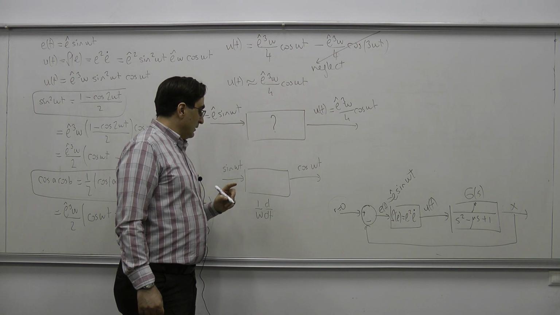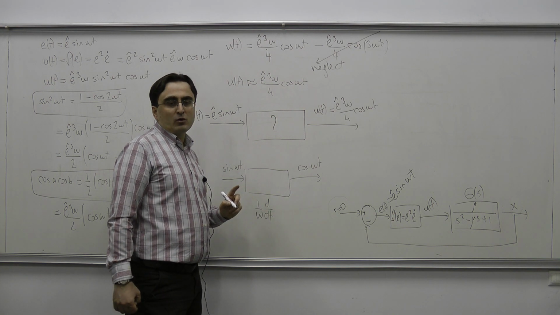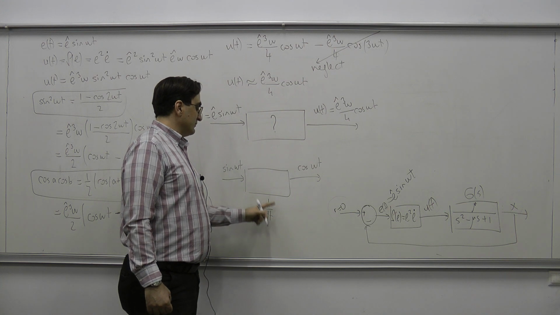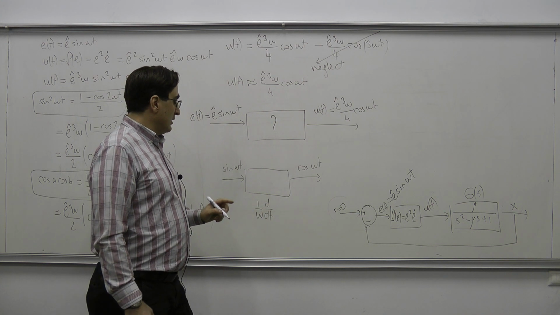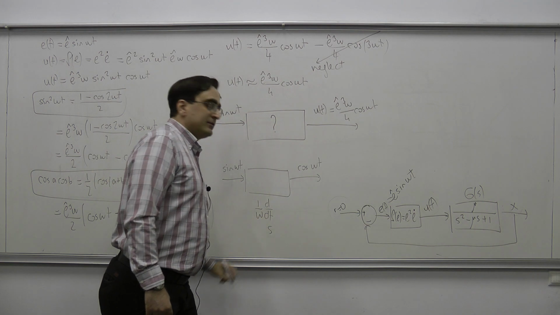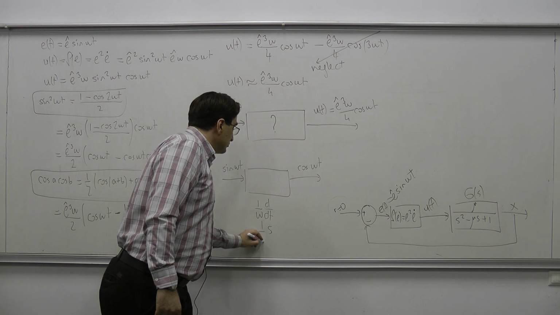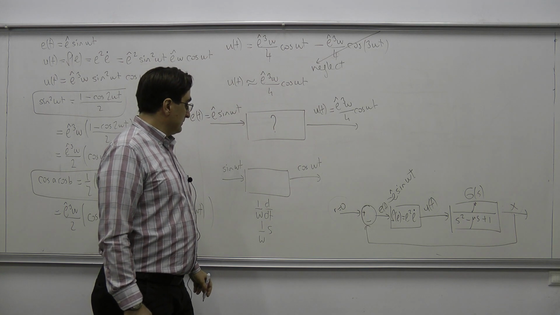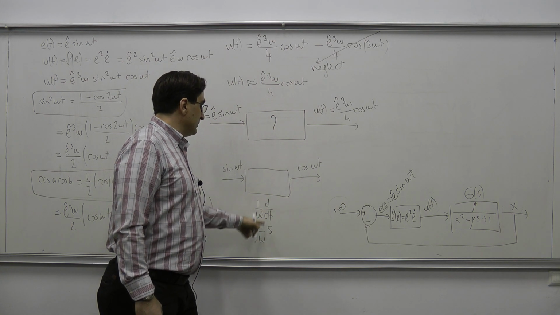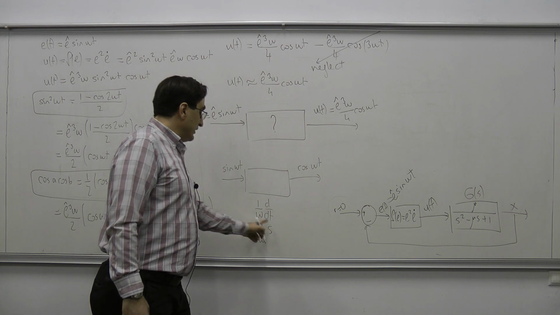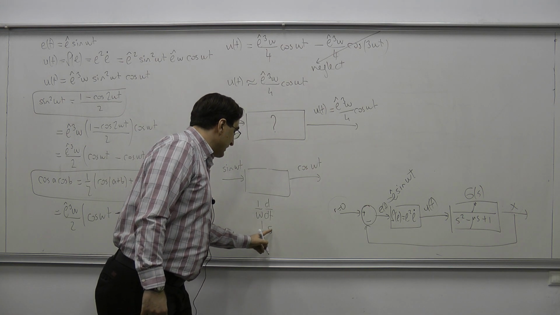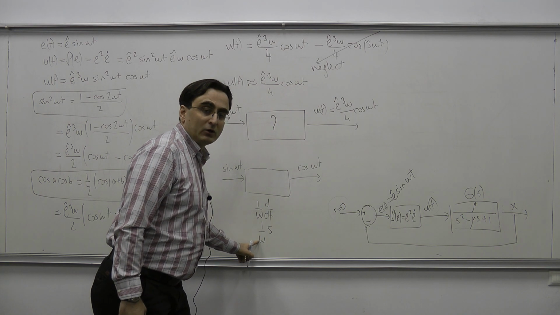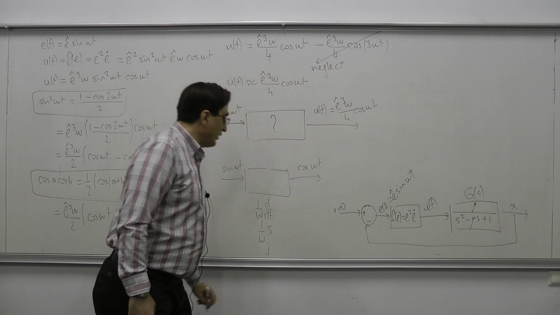All right? So what is this system in frequency domain? This is what that system is in time domain. What is this system in frequency domain? I know that d over dt is s, and I would have 1 over omega. Okay? This is the system in Laplace domain. What is this system in frequency domain then? s is j omega in Laplace domain, divided by omega, is just going to be j.